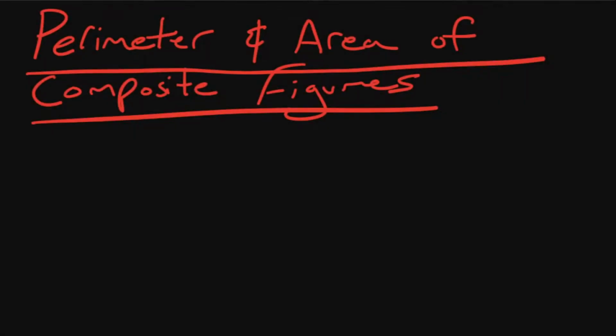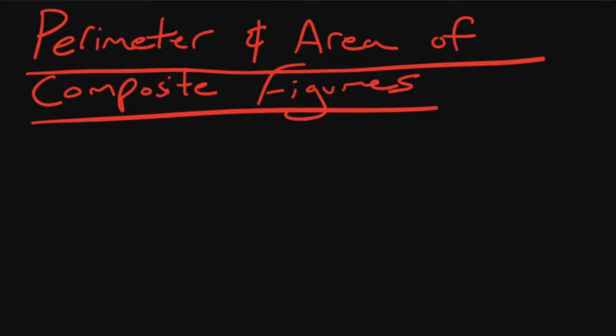Okay, so in this video we're going to be looking at perimeter and area of composite figures. So what I mean by this is basically we're going to be looking at how we can use our knowledge from previous videos to solve problems in this one.